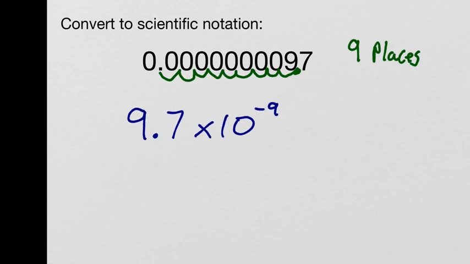So that's all there is to it. We simply find where the first non-zero digit is, and we jump all the way over until we hit it. The number of times that we had to jump, in this case 9 times, becomes our negative exponent. And if you needed to convert it back, you would just hop 9 places over that way, and you'd be back to where you started.